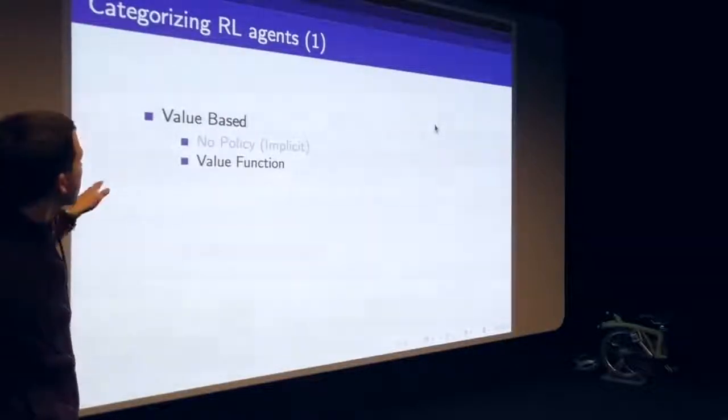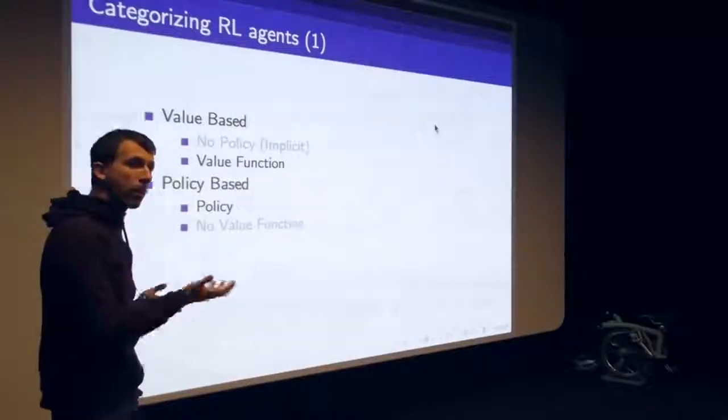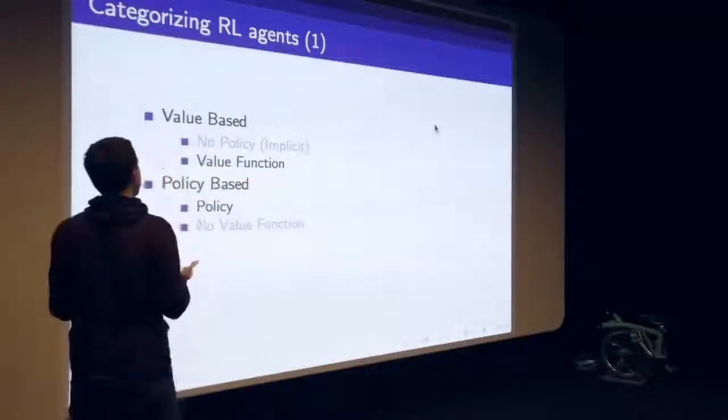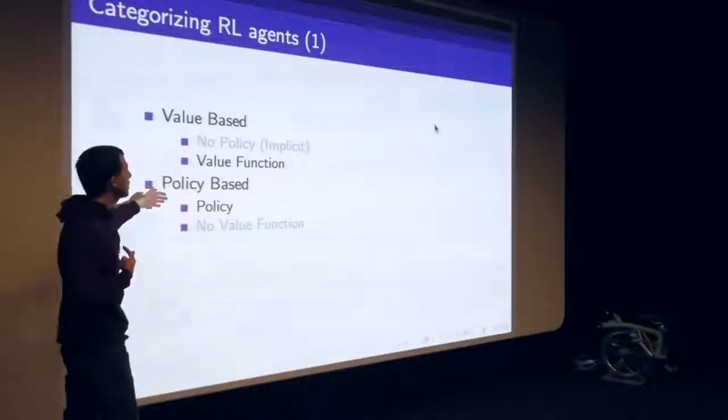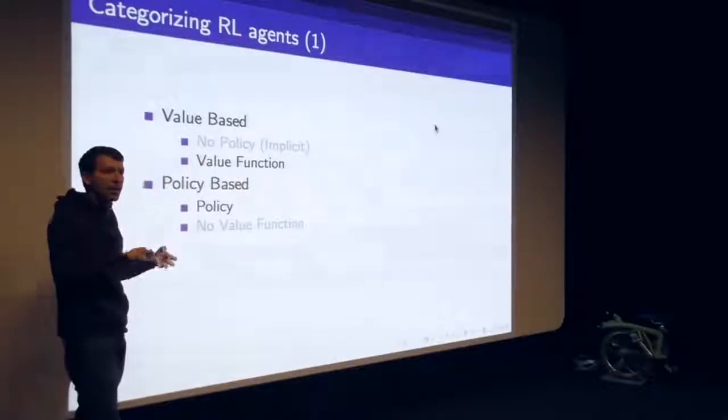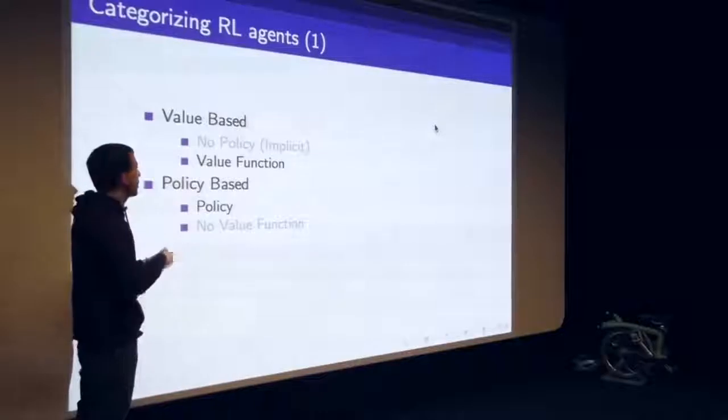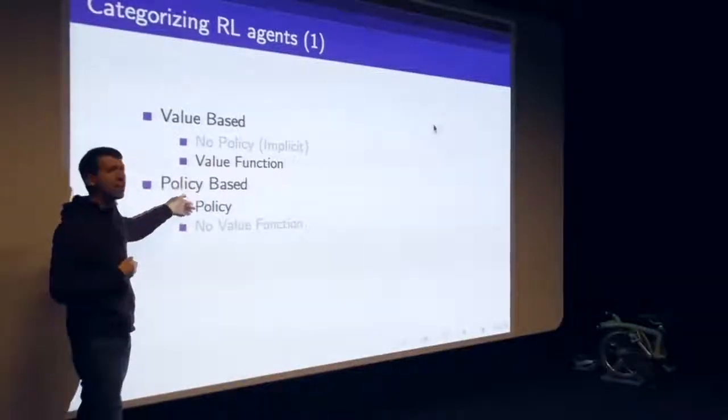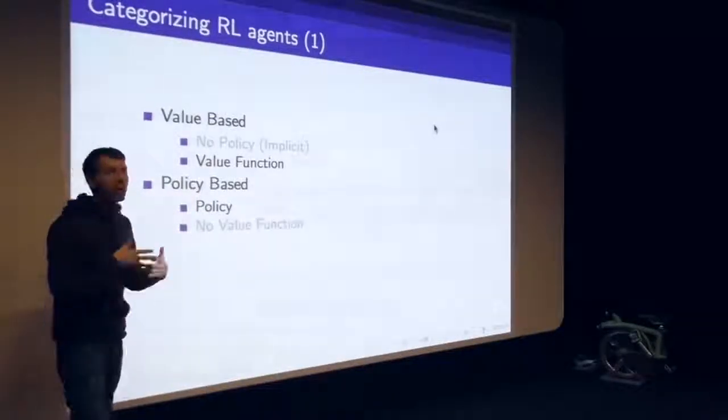Okay, so to categorize the agents, they can be value-based, or they can be policy-based. So to build a policy-based agent means that now, instead of representing inside this agent the value function, how well it's going to do from each of these states, instead we explicitly represent the policy, and we work with the policy.